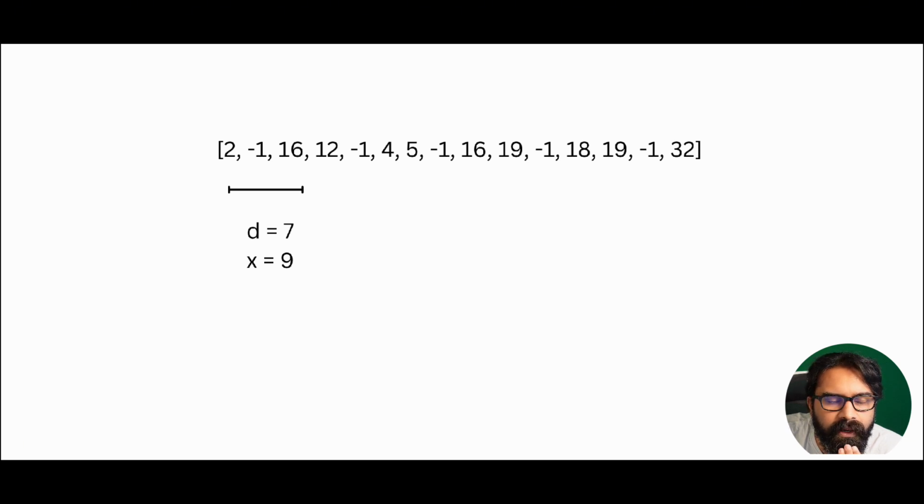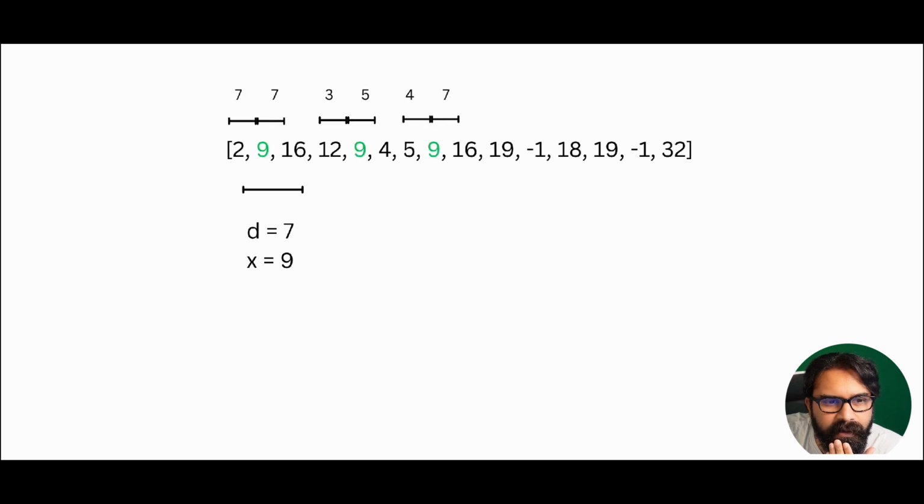It could only increase. It can be more than 7, but it couldn't be less than 7, because the adjacent element difference between 2, -1, and 16 influences this, and this is at least the minimum possible value that we can get.